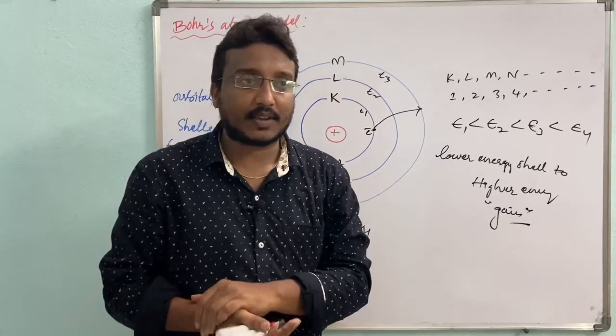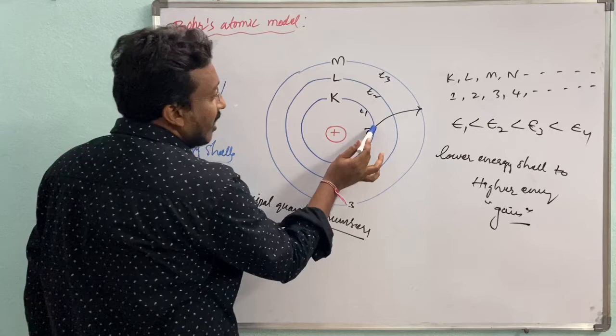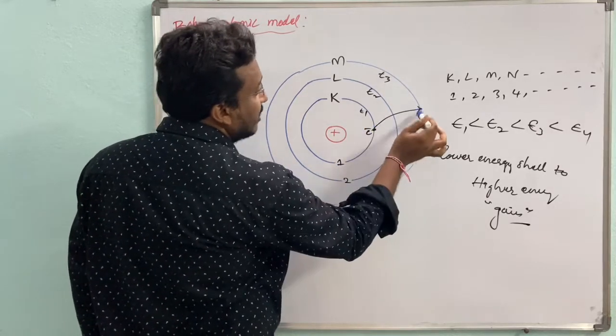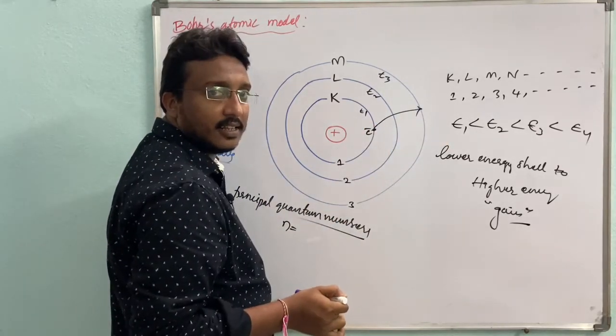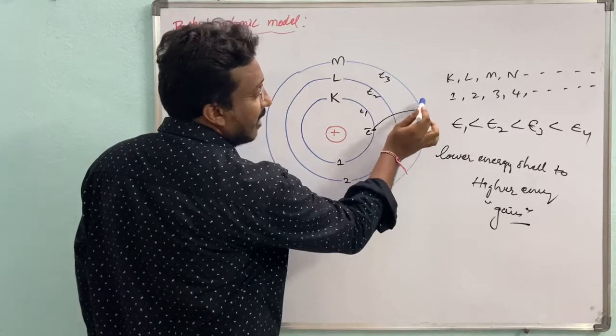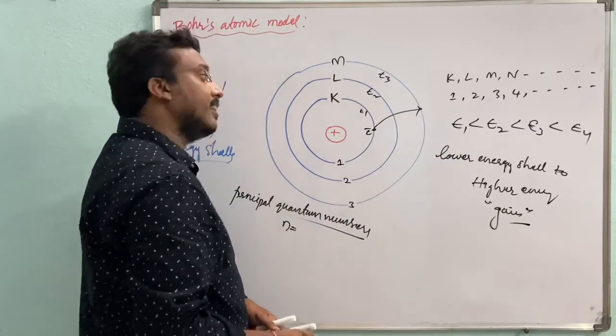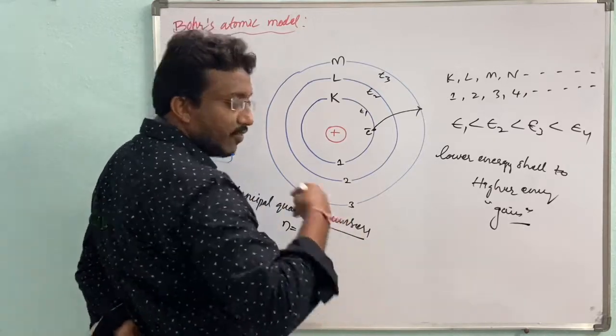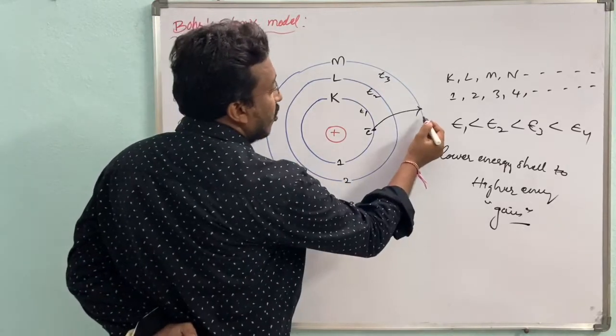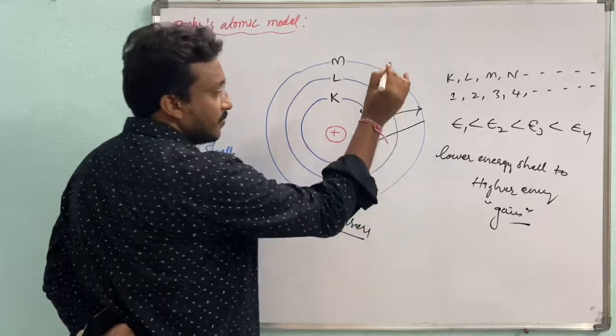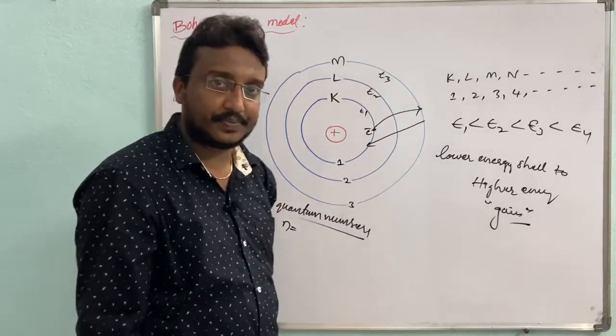Got it? Like that, if an electron jumps from lower energy to higher energy, it will not stay in that energy level. After some time, the electron comes back into its own shell.